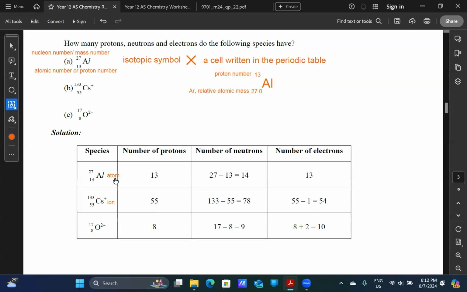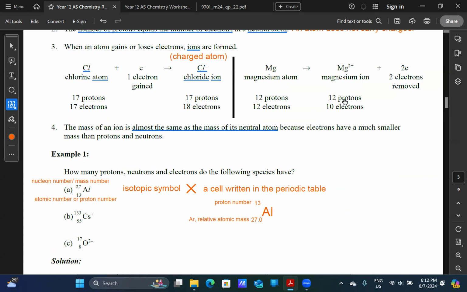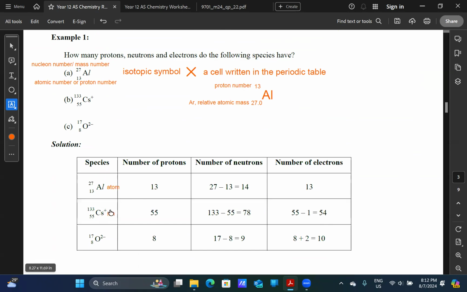As you can see here, this is a type of positive ion. Ions will never have the same amount of protons and electrons. To form a positive ion, as you can see in the example above, the atom loses electrons. Lose how many? You can refer to the charge here. The amount of charge is one positive charge.